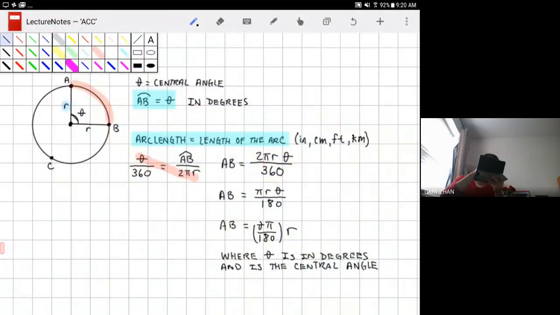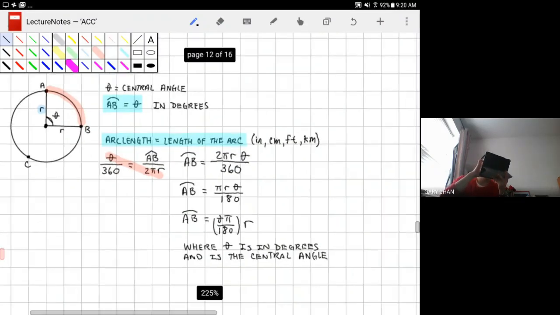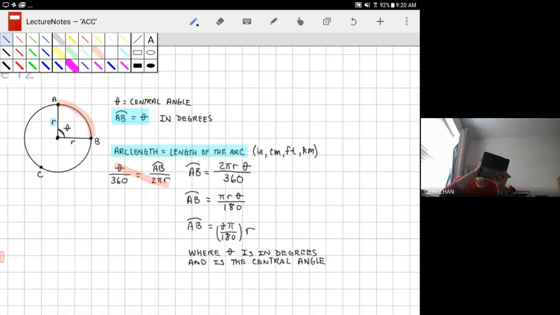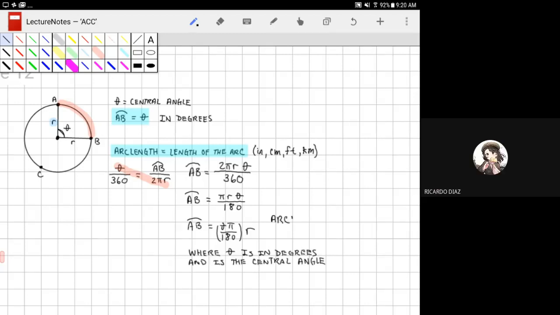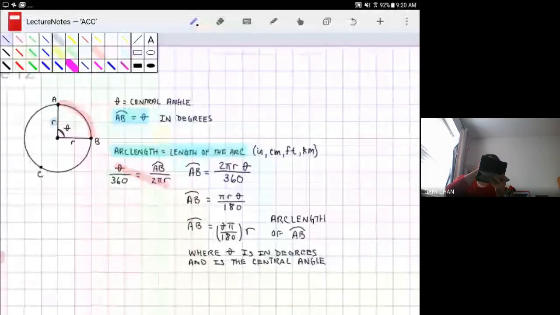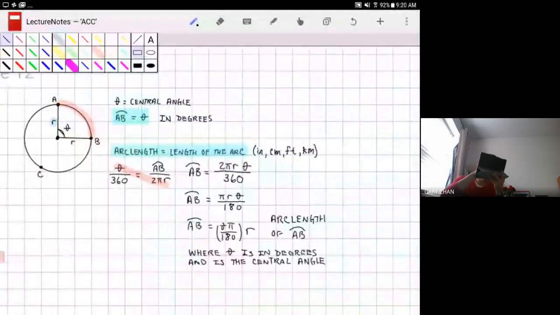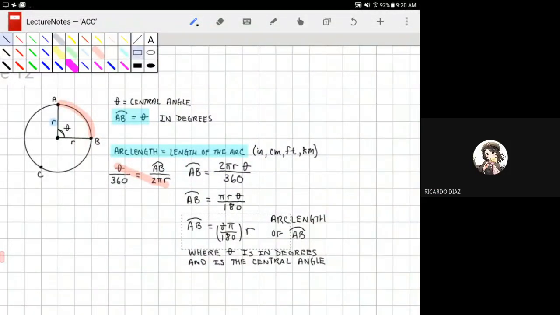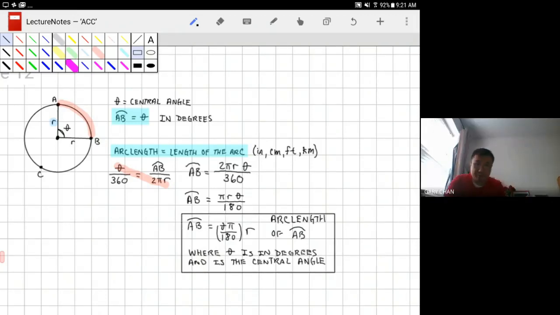These are the arc length right now. So this guy here is the arc length. Let me write that out. This is arc length of AB. I'll give you guys a moment to write that down.